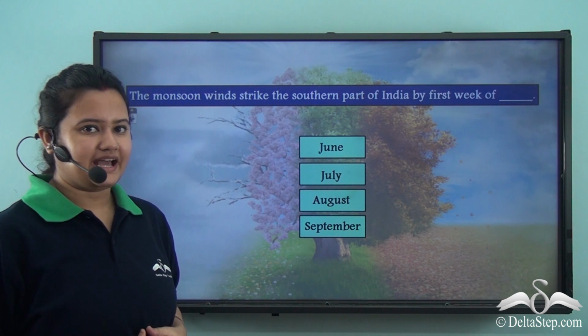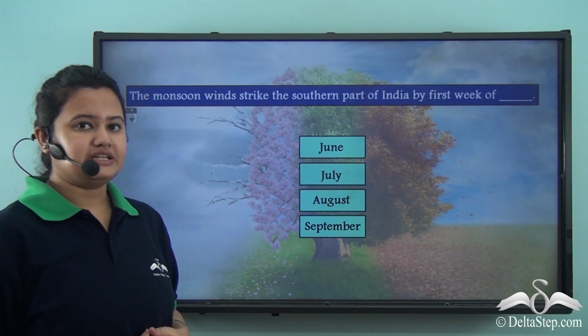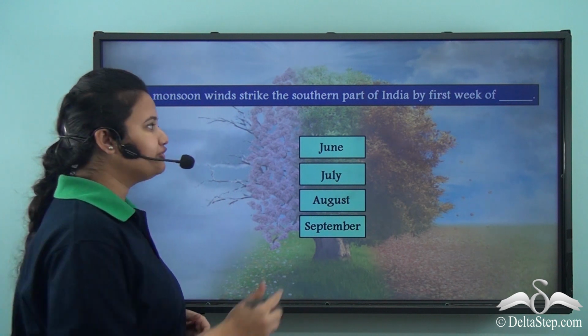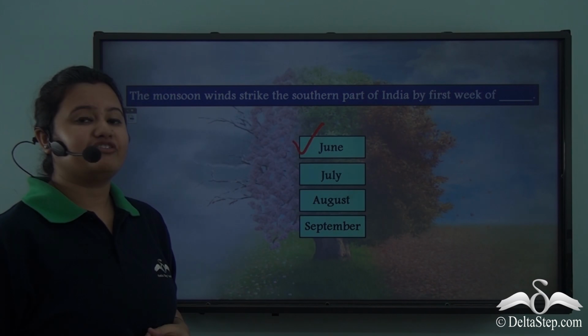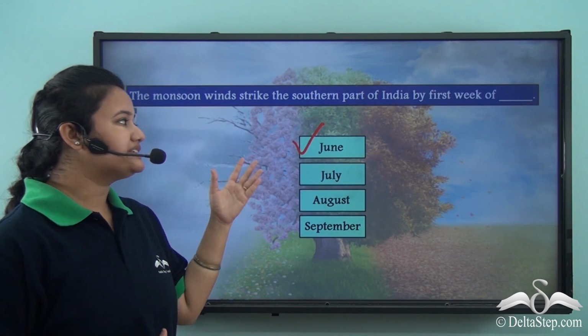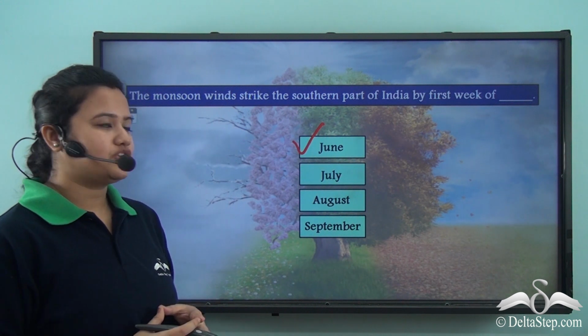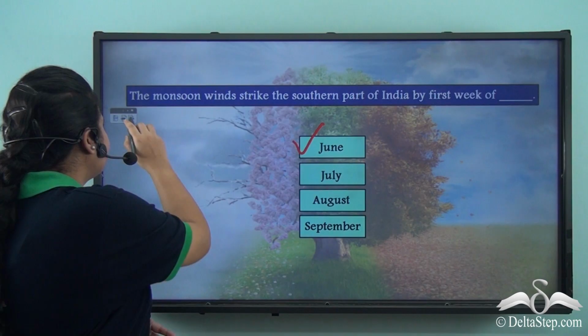We just read that monsoon winds strike the southernmost part of India by the first week of June. So the correct option is June. In fact, the southernmost part of India is the first to receive these monsoon winds. So the correct option will be June. Now let us proceed with our lesson.